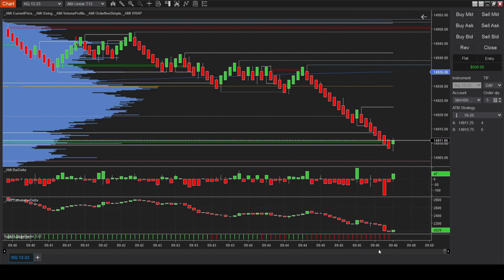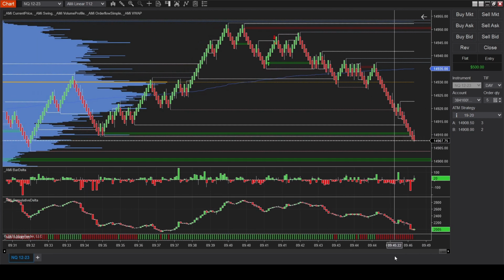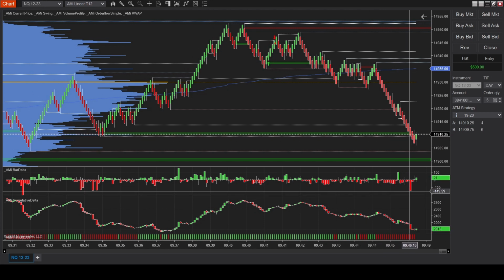And we have to continue down, retesting prior imbalance long. Nice sell-off. 150 contracts almost sold that bar.